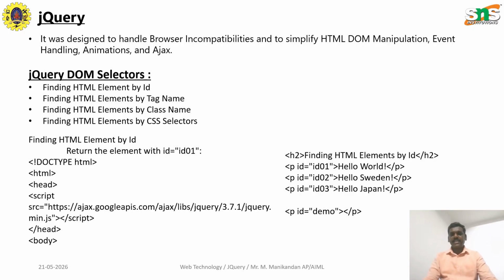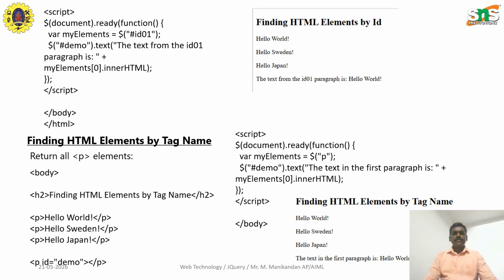For displaying the content, we are creating another P tag with ID demo. The first three tags will have IDs 1, 2, and 3. After getting the value from a P tag, it will be displayed in the last P tag.